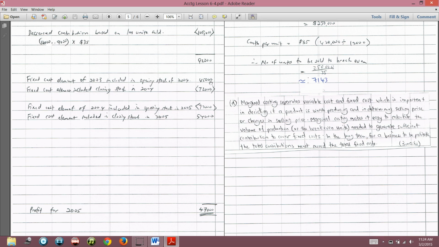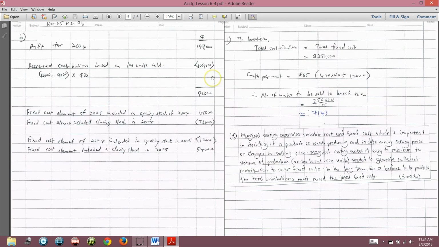Okay, so then the closing stock. So this one is 2004's profit. So after minusing the contribution, it will be 92,000. Then the fixed cost element that is included in the opening stock for 2004.